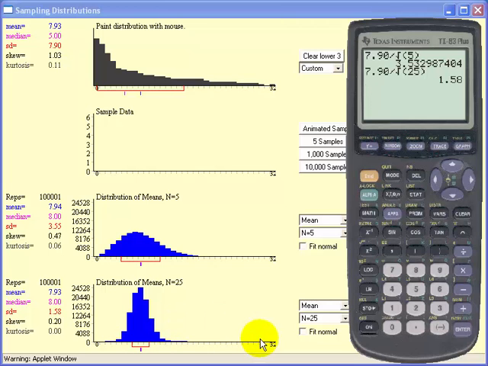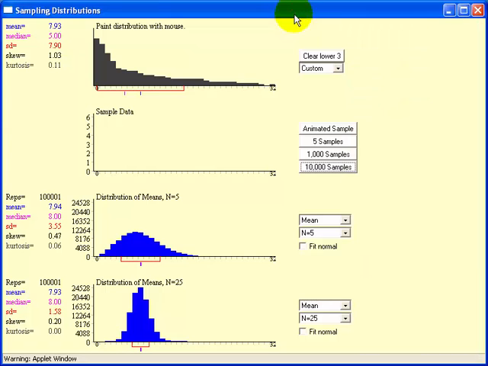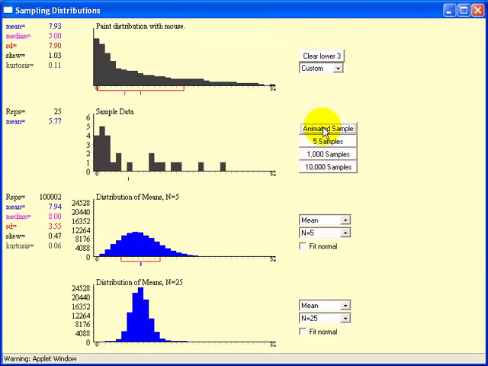So what I'd like you to do is play around with the Java applet. You saw this movie, so you know what to do and how to use it. And it takes time for this concept to sink in. For example, the first time you're sampling from here, your observational units, the individuals you're looking at, are the individual data values.